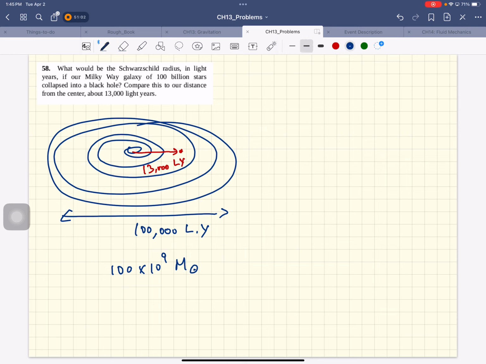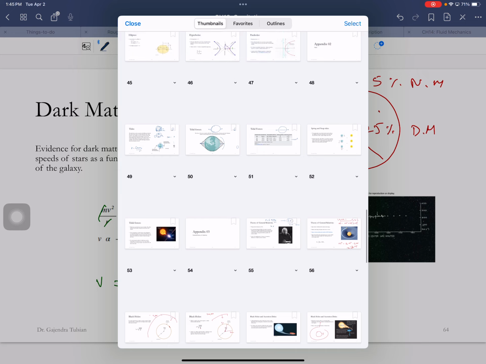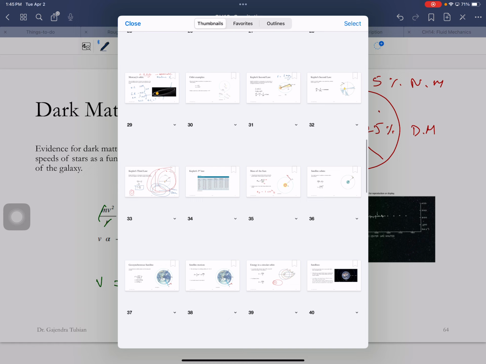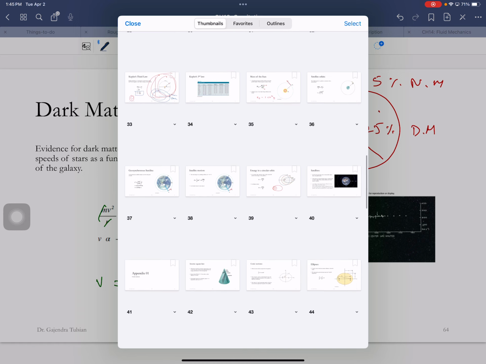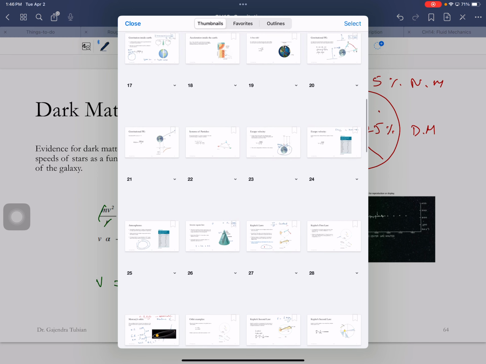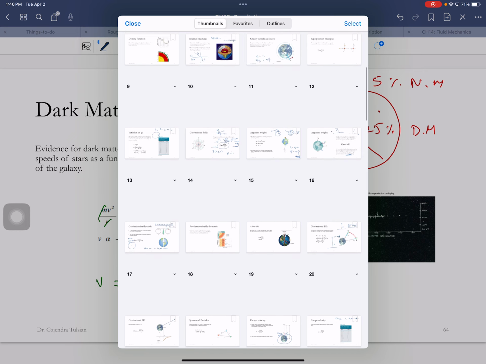The Schwarzschild radius is given by 2GM over c squared.